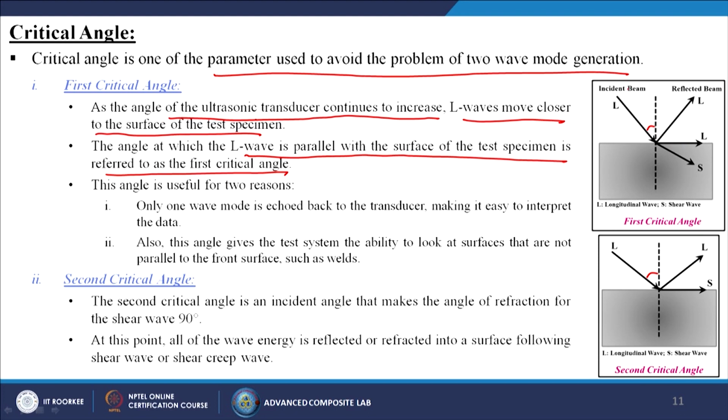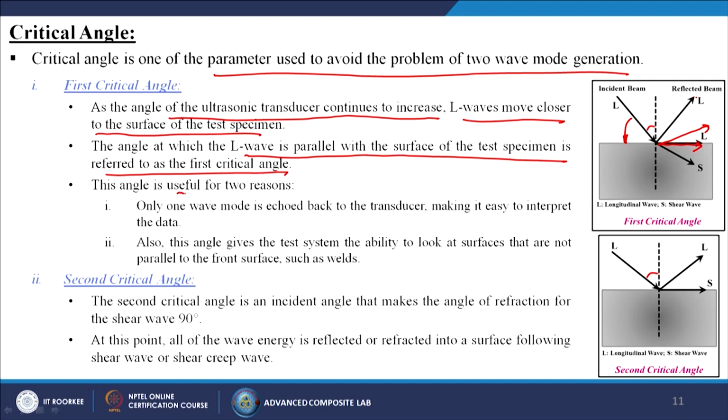You see, when we give that incident beam, it reflects in this way and some waves pass just at the surface of your material. That is known as the first critical angle. If we again decrease this angle, it will come up to these positions.